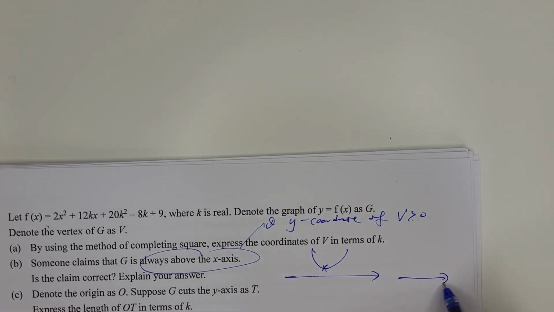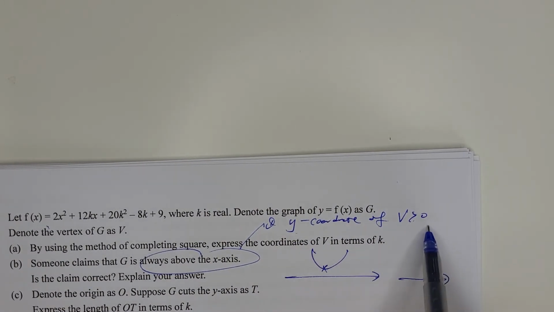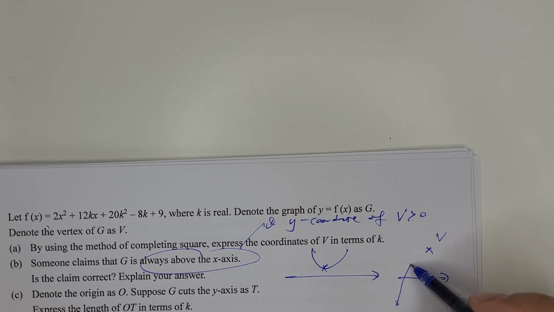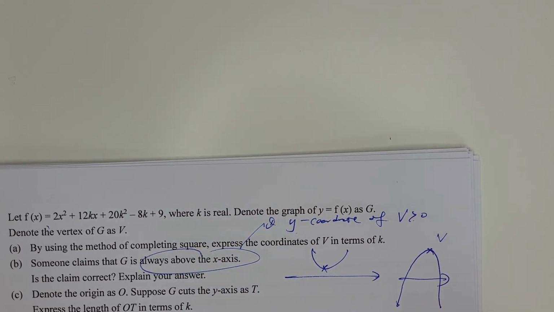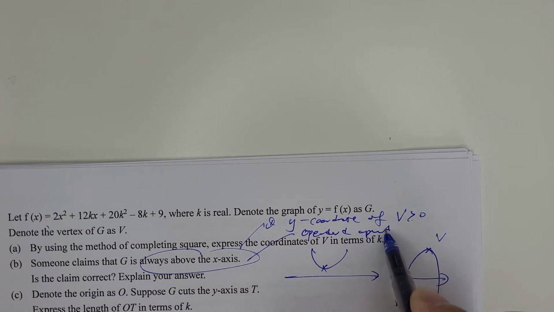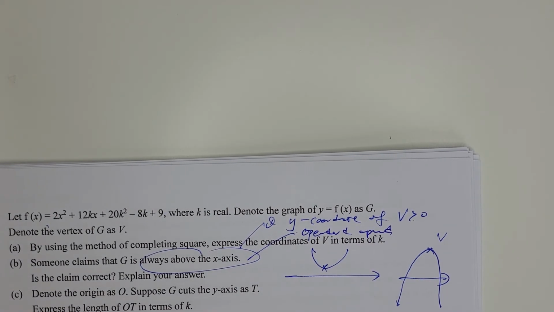But in this situation, if you just have this one condition, it is not enough. Suppose the vertex V of the graph is above the x-axis, but if it opens downward, it still does not work, right? So the second condition you need to satisfy is opening upward. Okay, you need to satisfy these two conditions.